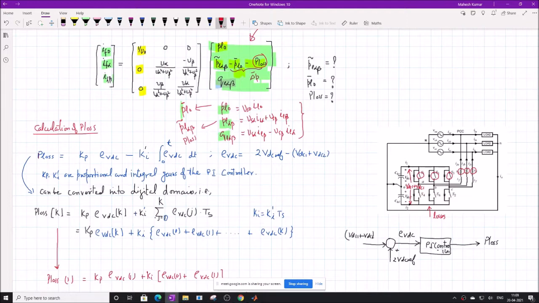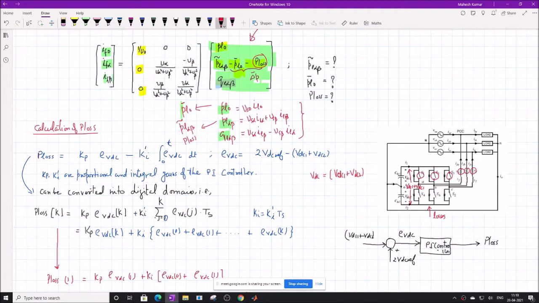If we don't meet the losses from the source, then the DC link capacitor voltage will fall from its reference value and the compensation scheme will not work, because there will not be enough driving force to drive the current in order to track the reference current. So we have to maintain VDC1 plus VDC2, which we call total VDC or the DC link voltage.